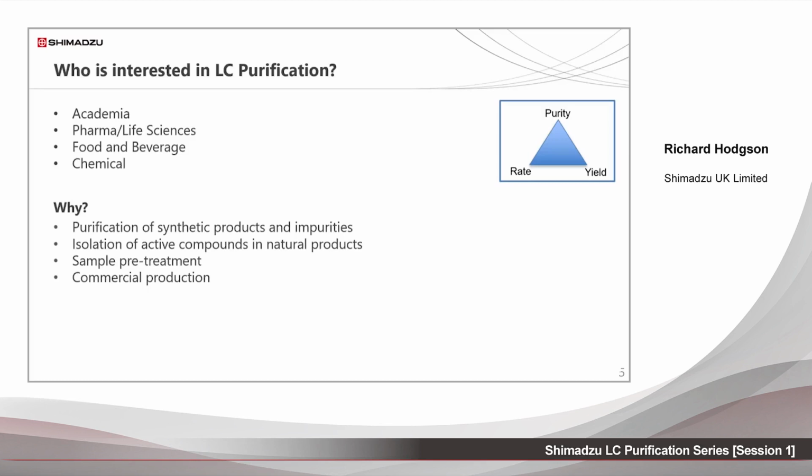They also might be interested in isolating active compounds in natural products. Possibly sample pre-treatment. Some analytical methods require a sample isolated from a matrix using LC purification. Or they may be interested in commercial production. What changes in each of these situations is the amount, the yield, the required purity, and the equipment available, which affects the rate.